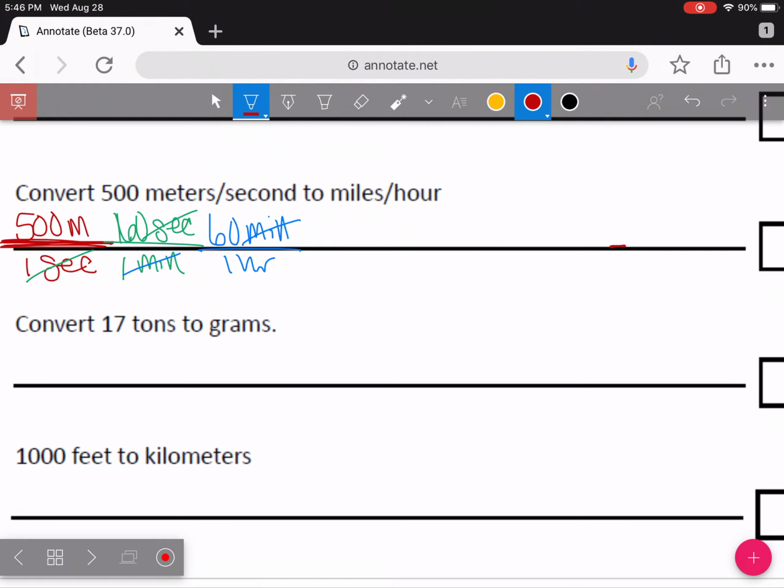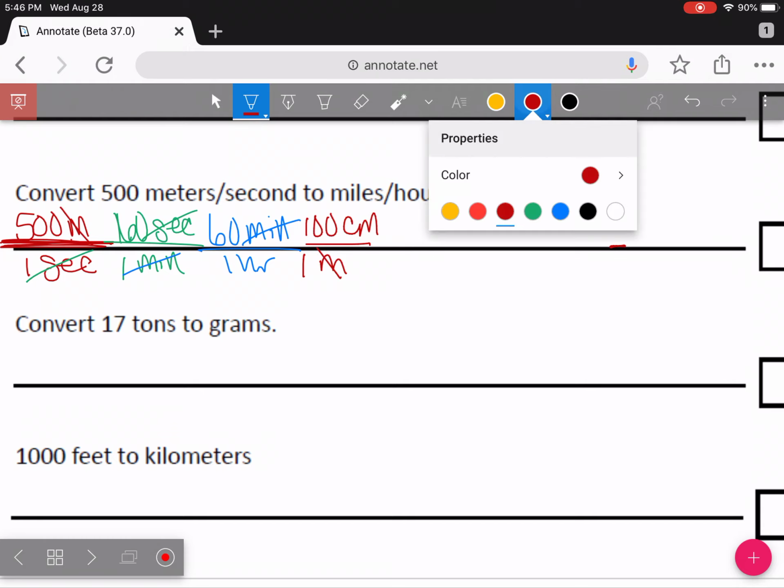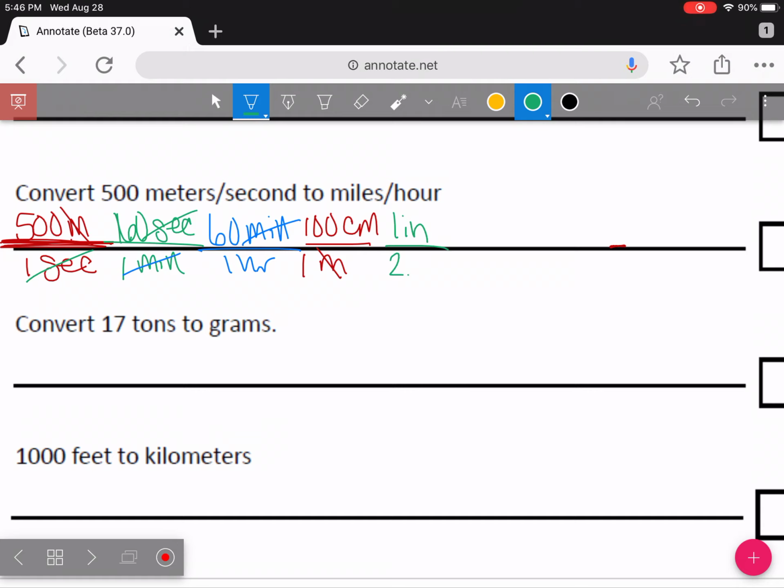So meters is on top, which means we want meters on bottom and 100 centimeters on top. So meters is going to cancel out. We're at centimeters. Now we know centimeters to inches. There are 2.54 centimeters in 1 inch, so we can say 1 inch on top and 2.54 centimeters on bottom. Those can cancel out.